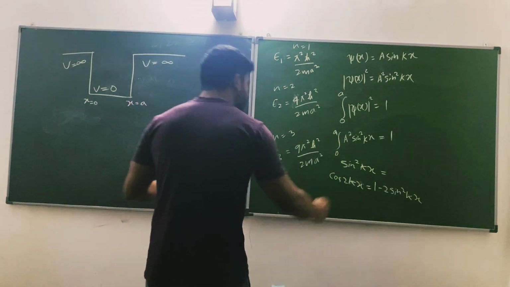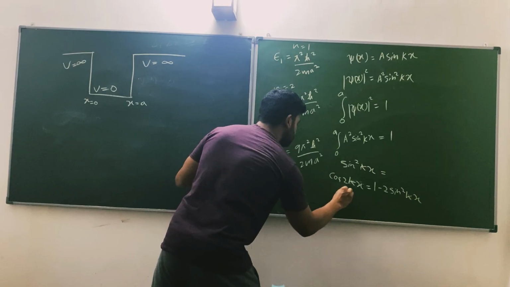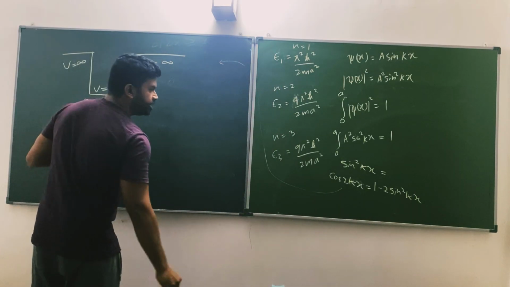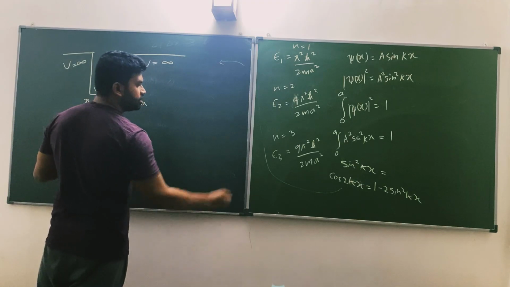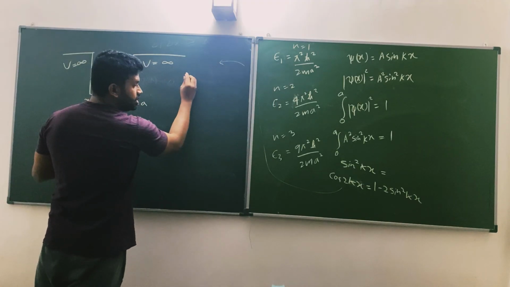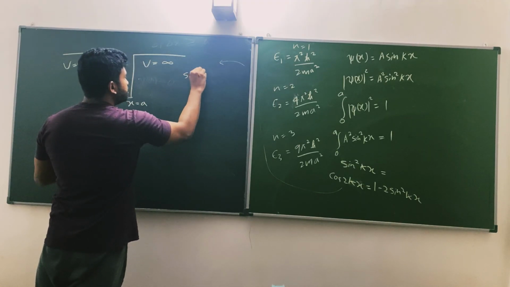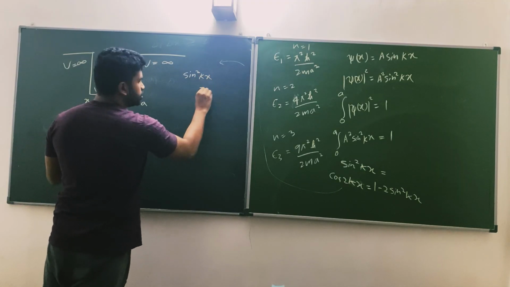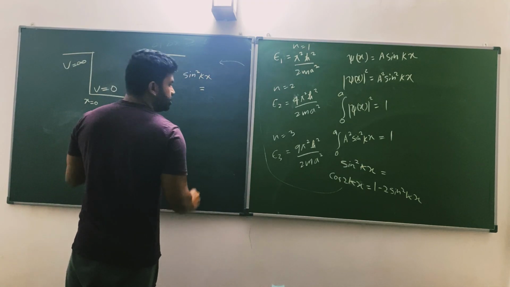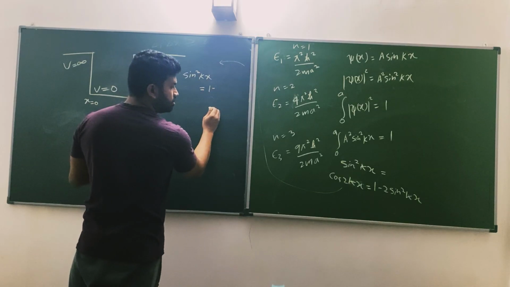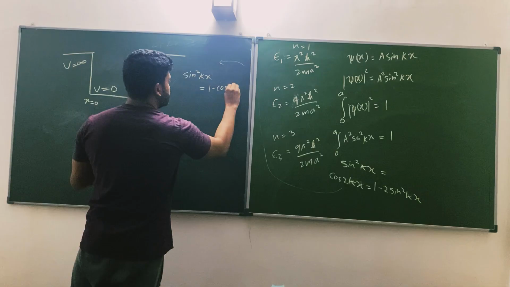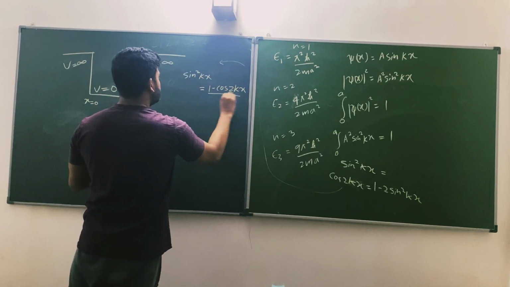So I'm going to rearrange this equation. So I'll end up with what? Let me start it over here. Now when I rearrange the equation, sine squared kx would be equal to 1 minus cos 2kx over 2.